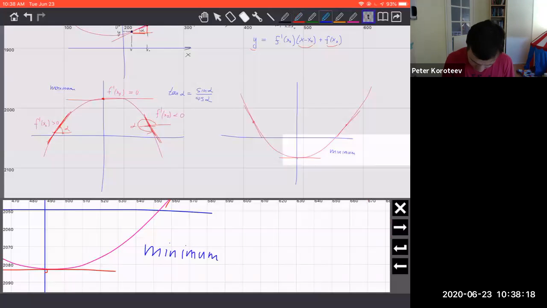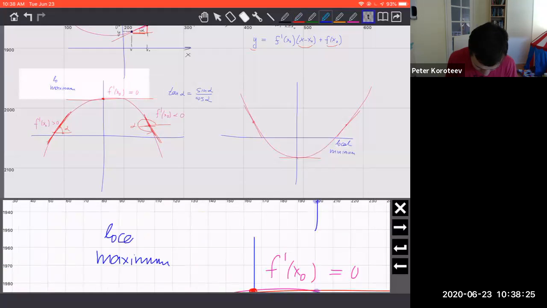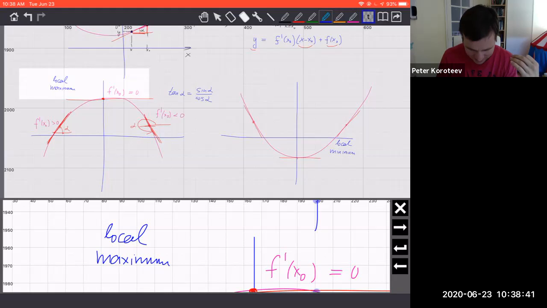It's a local minimum, and this is a local maximum. Good. And again, that's something that you guys should know. But when we switch to parametric equations, the notion of local maximum and minimum will not be too important anymore, right? Because what is a maximum?